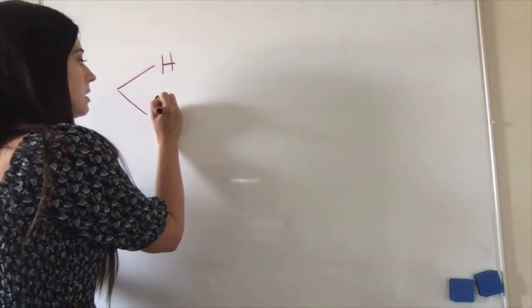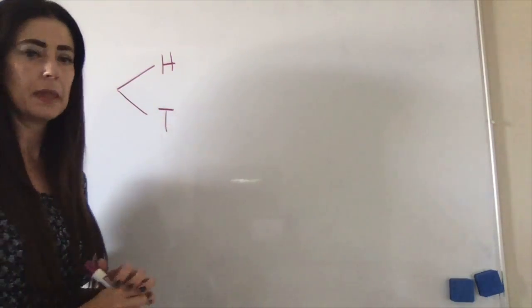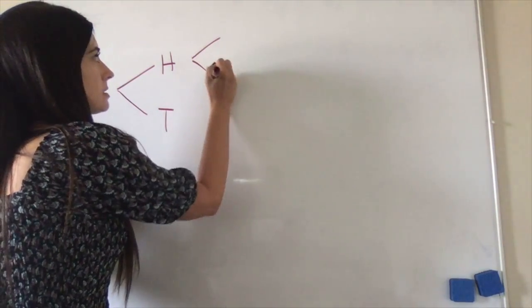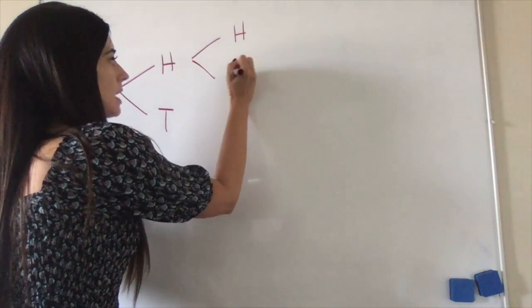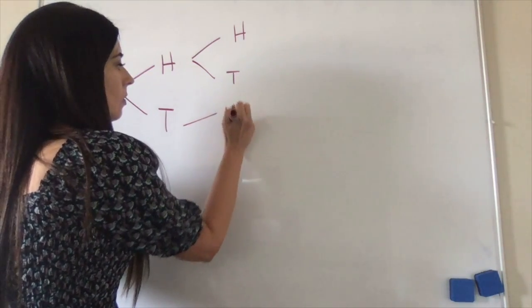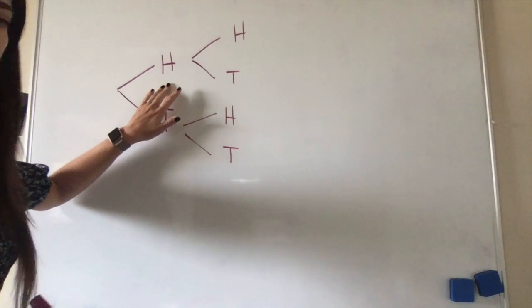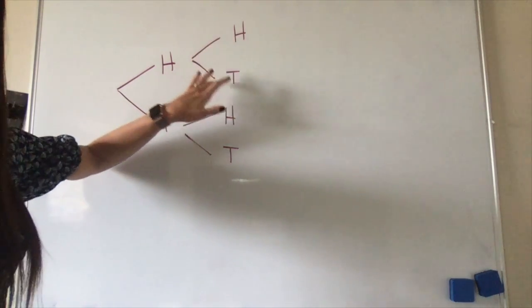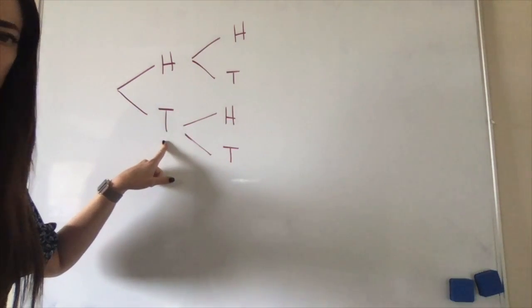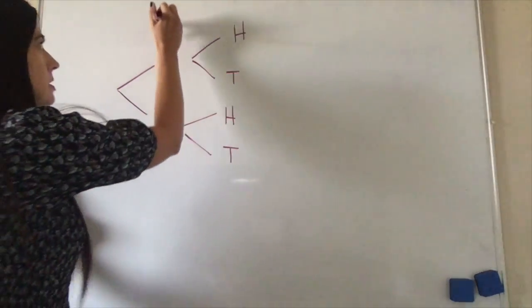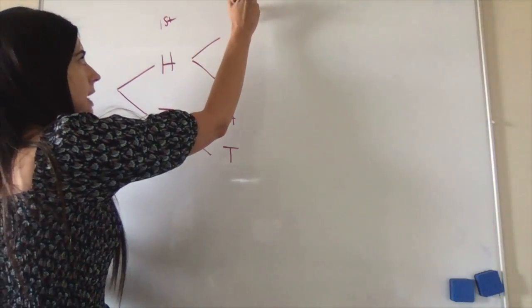We could get heads, or we could get tails, right? And then our second toss, we could get heads or tails, because if we get heads first, the second one we could get heads or tails. And if we get tails first, the second one we could get heads or tails. So this is first, and this is second, okay?